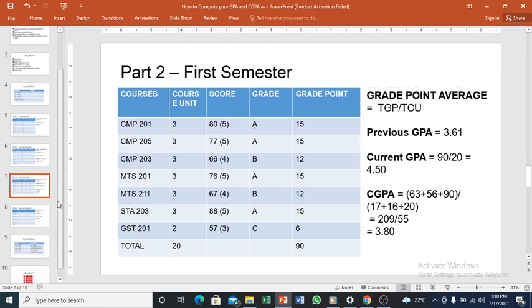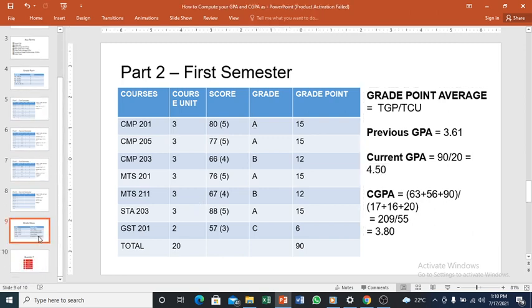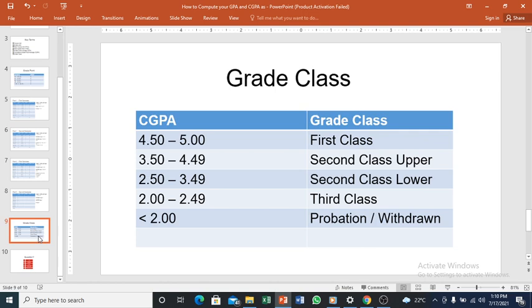Now, let's assume this student has finished, and at the end of finishing the entire school, if a student has between 4.5 and 5.0, that's a first class. Generally, this is what stands. I know in UI they make use of 7 points, so if a student has between 6.0 and 7.1, that's a first class. But the majority of universities make use of this grading system.